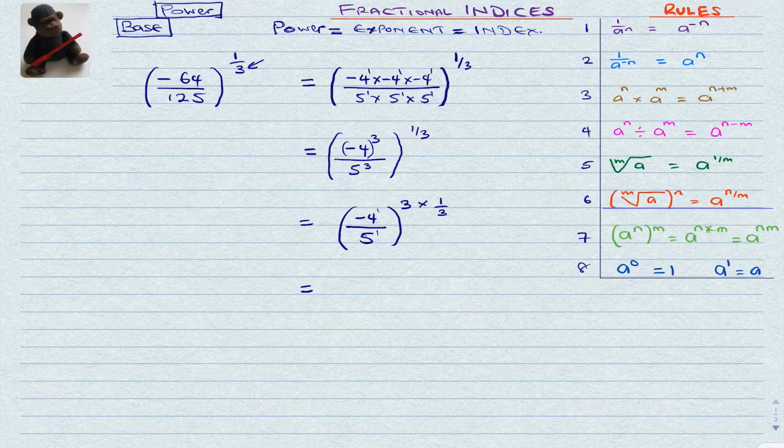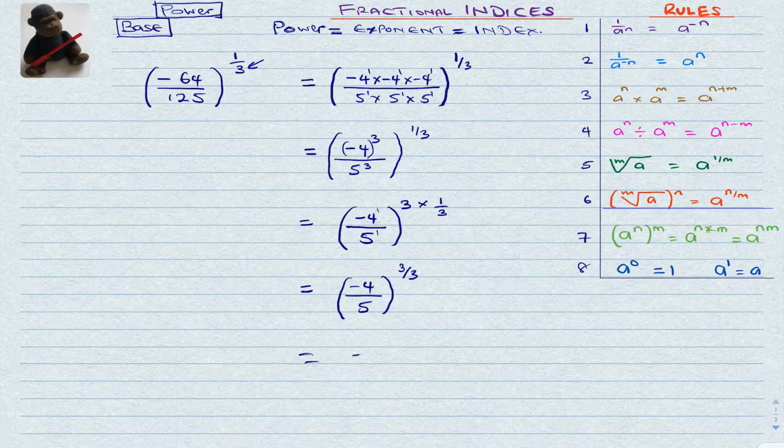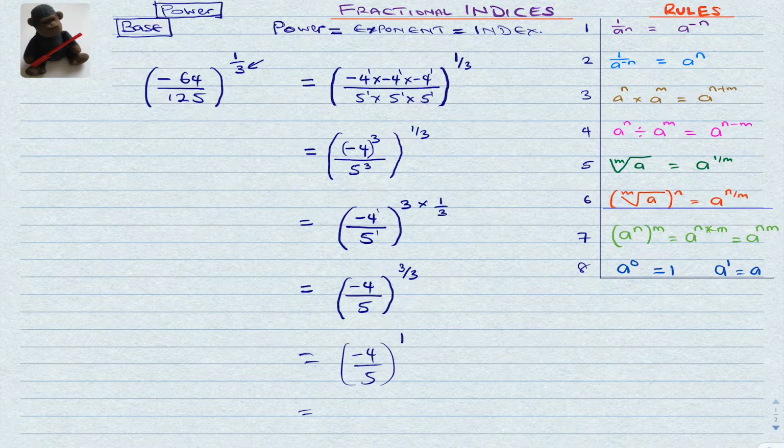And therefore, 3 times 1/3 is 3 over 3. So I get minus 4 over 5 to power 3 over 3. And that will become minus 4 over 5 to power 1, which is minus 4 over 5. That's the answer.